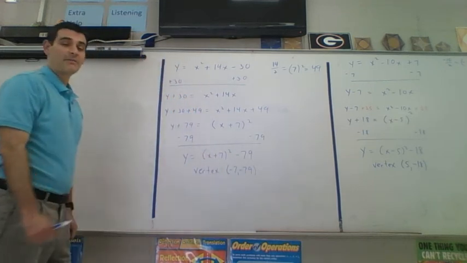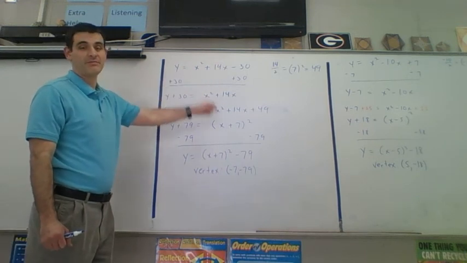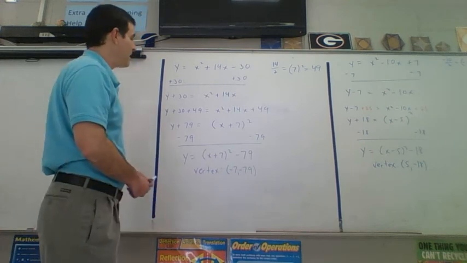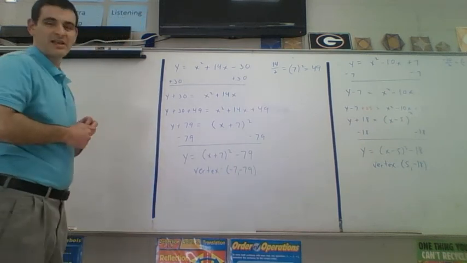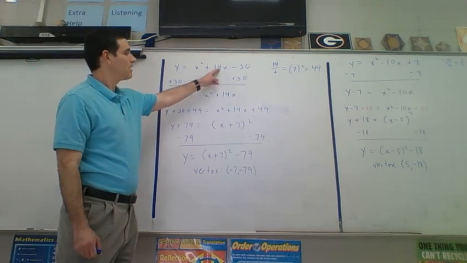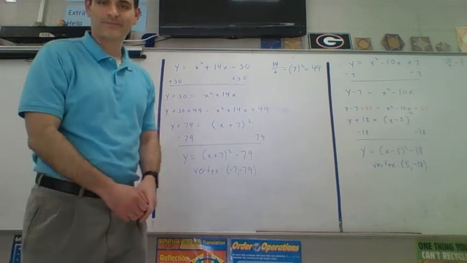It does get more complicated if this is odd or if this is not 1, and even more complicated still if both of those conditions were true. But for now, we'll leave it in simple examples just to get you used to the process, changing from standard form to vertex form of the parabola.